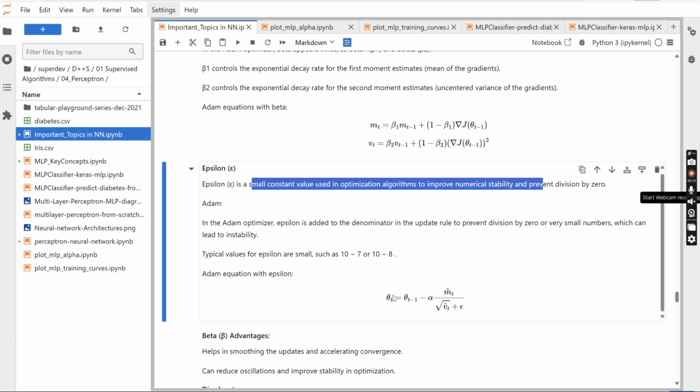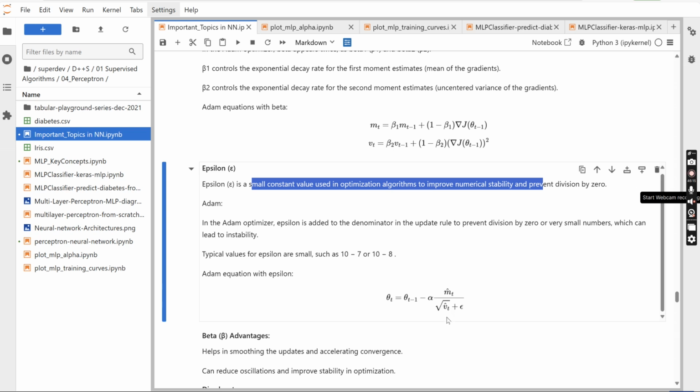For logistic regression, it all becomes the same except for this term. You have only theta t minus 1 here, instead of mt divided by the square root of vt plus epsilon. For Adam, you have this term instead.